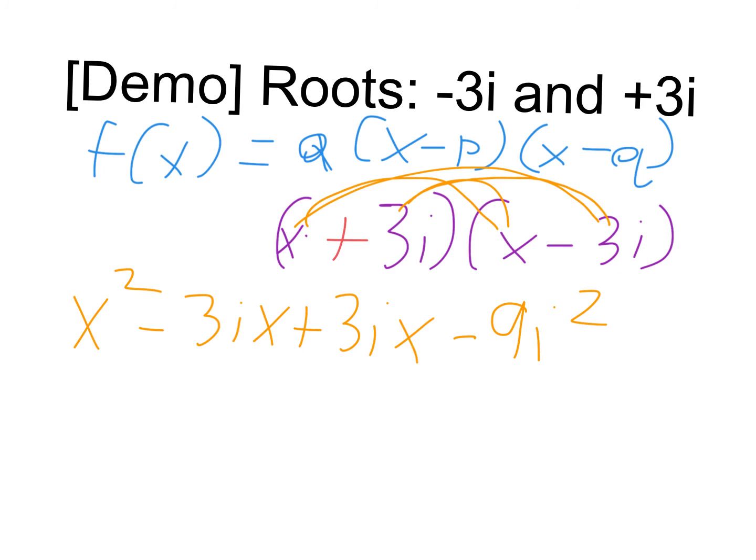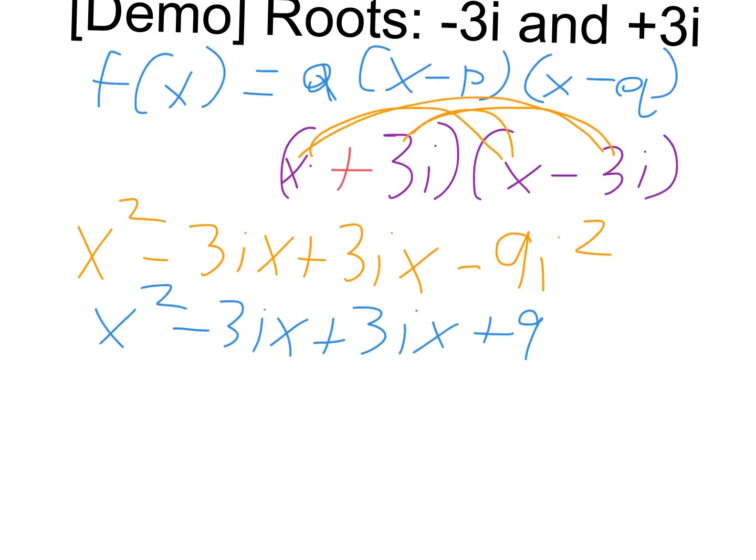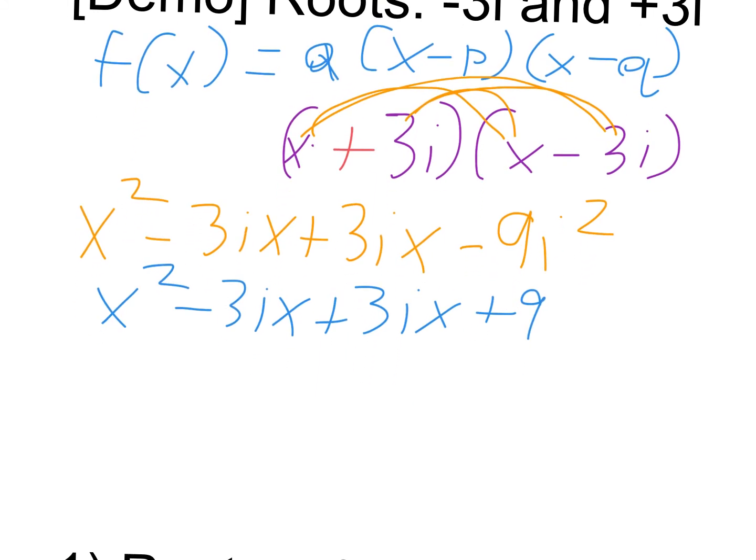So I can rewrite that such that I have x squared minus 3ix plus 3ix plus 9. And then if I look at my middle terms, well, my -3ix and my positive 3ix will cancel out, which will give me my final answer of x squared plus 9.